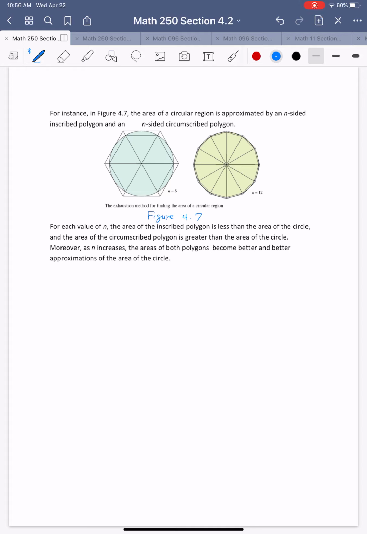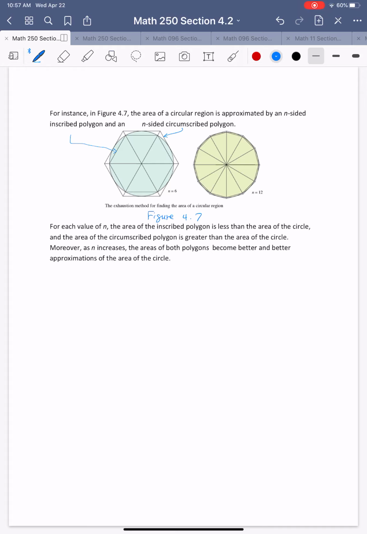The inside one is the inscribed polygon, and the circumscribed polygon is the outside one. In order to find the area of the circle, we make very small triangles, and then we can figure out the area of the circle.